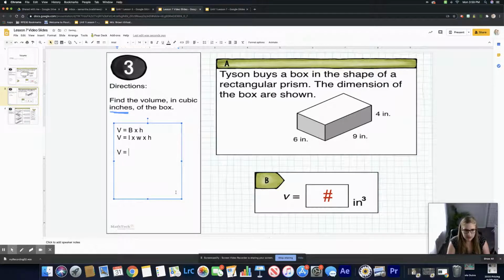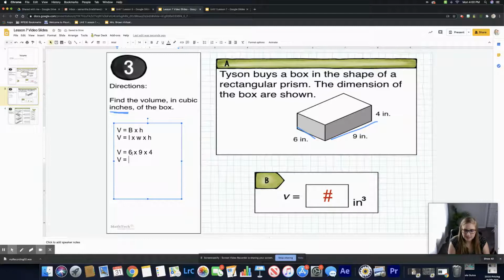So volume equals, I see right here my length and my width, 6 and 9. So I'm going to type those in: 6 times 9, and my height is 4. Then I'm going to drop it down. Volume equals, what is 6 times 9?